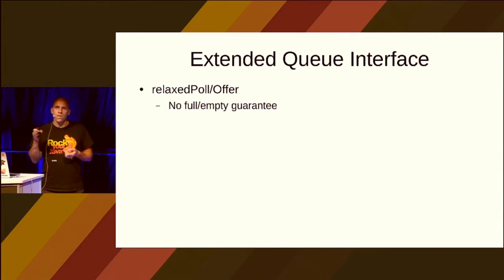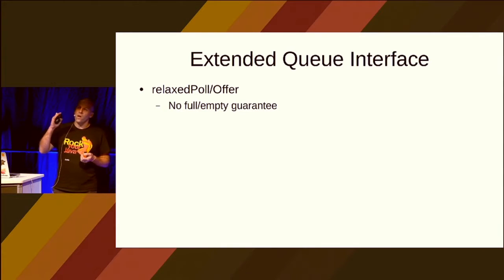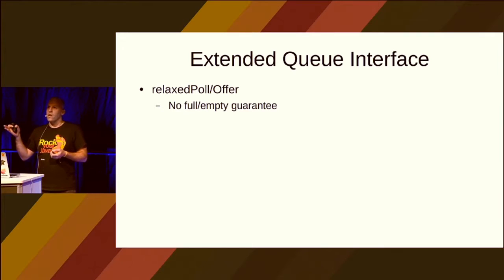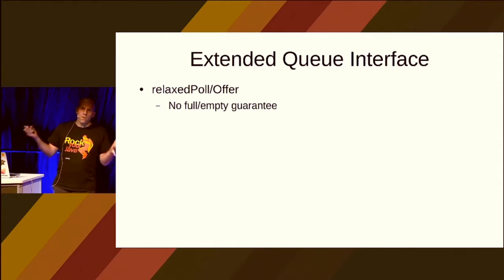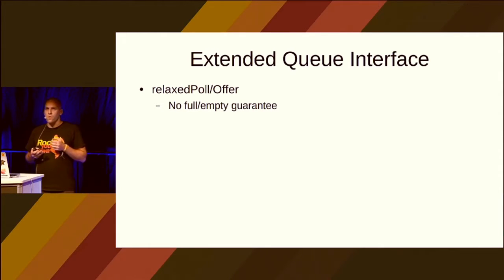That in turn means that if you implement that queue, and it just so happens that when you poll, I don't have an element to give you because of the queue implementation, but the queue isn't empty either, I have to spin and wait for you to have visibility to the next element in the queue, and that may take any amount of time. So having a relaxed guarantee on those methods allows me to implement further optimizations in my queues.